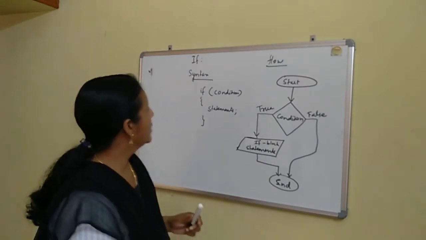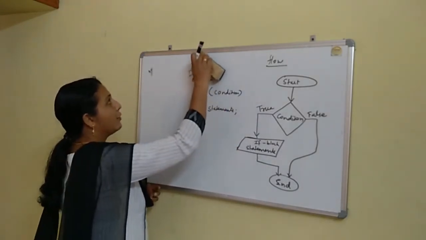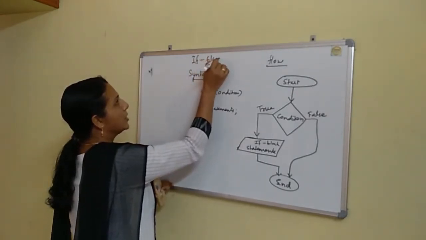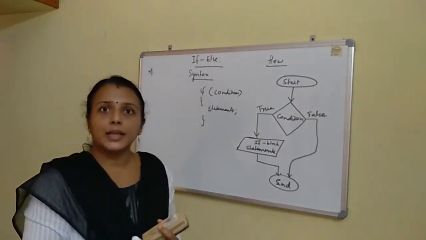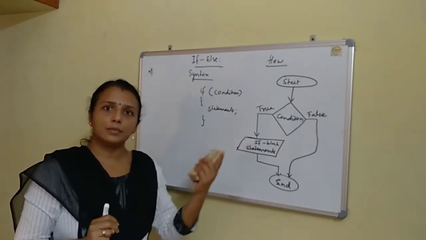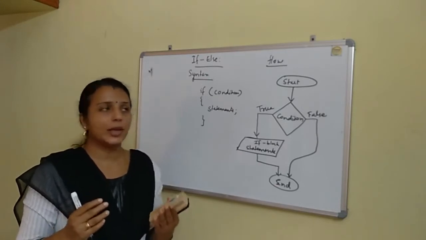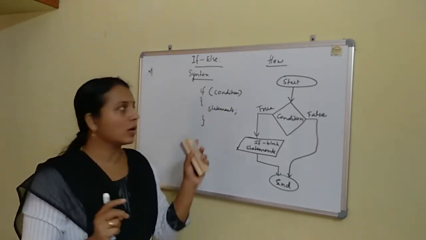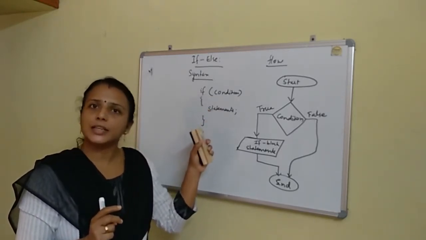Now suppose we have another set of code which is using the if else block, and the syntax for the if else block is like this. As the term indicates, there will be two blocks: one block is the if block, and the second block is the else block. The if block is the same as in our simple if block: if the condition is true, the statements present within the curly brackets will get executed.